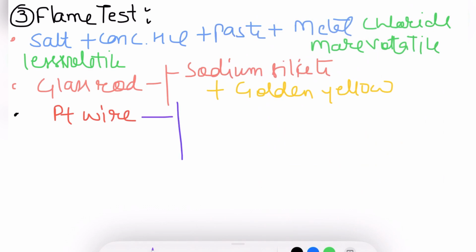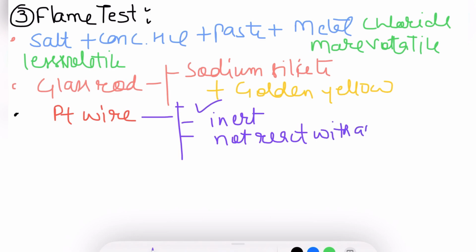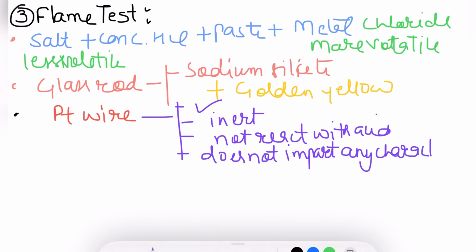Platinum wire is used because it is inert, does not react with acid, and most importantly, does not impart any characteristic color to the flame.